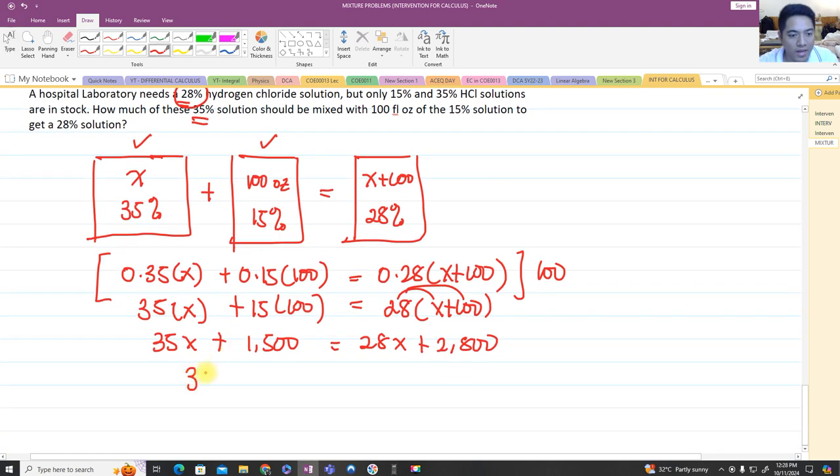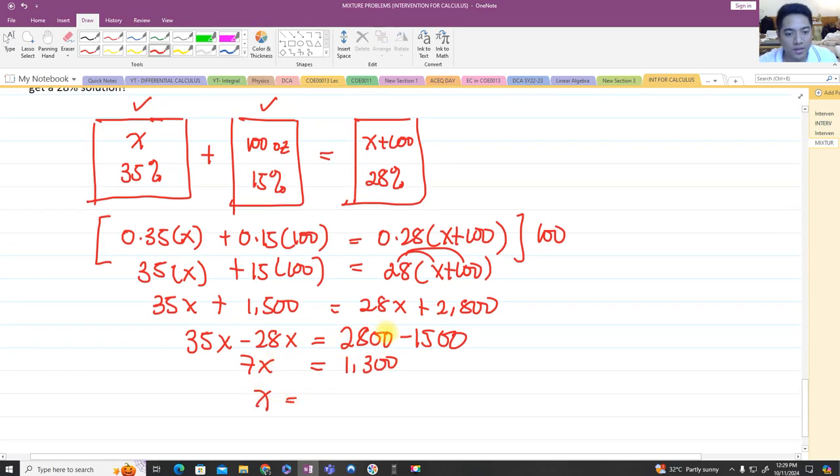So combine like terms, you have 35x minus 28x equals 2,800 minus 1,500. So you now have 7x here, and 1,300 here. And for x, divide both sides by 7. So you have x equals 1,300 divided by 7.